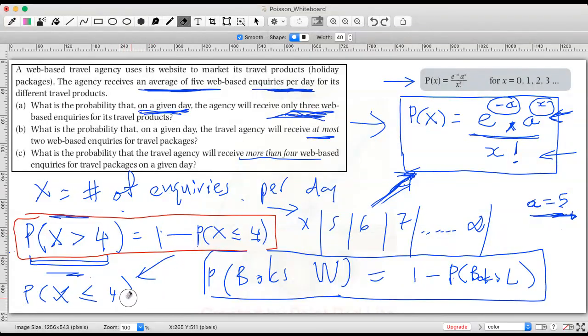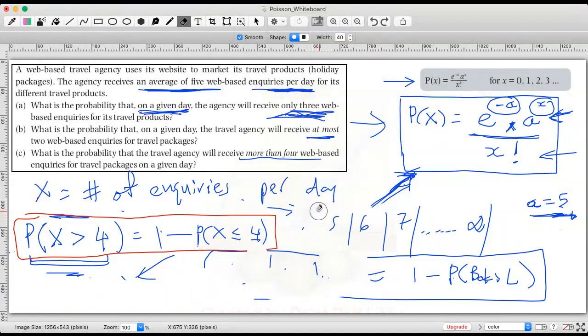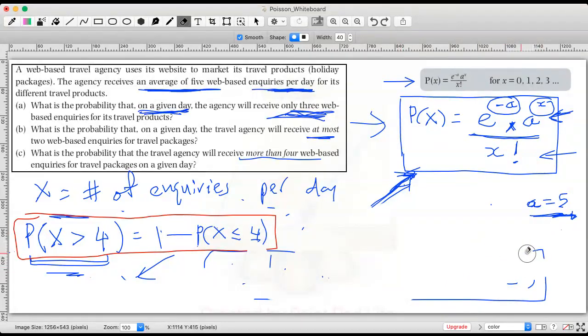I'm going to make some space on the board here. Fantastic.